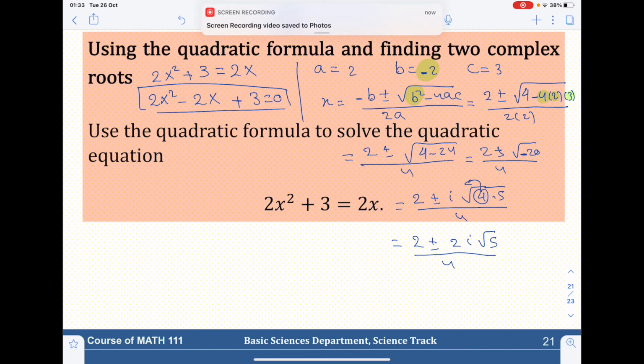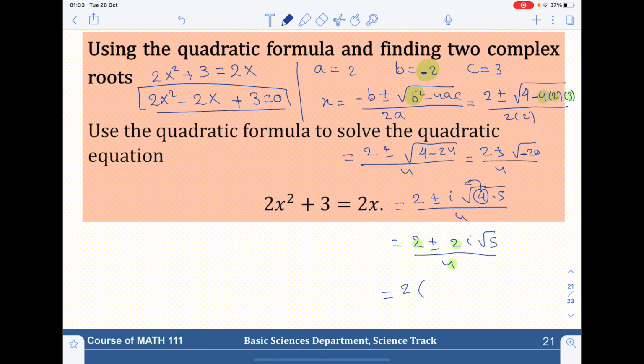Also, I can simplify this by taking 2 as a common factor and then dividing by this 4. So I would have 2 times 1 plus or minus i root 5 over 4. Then I can cancel, and I will be left with 2 in the denominator. So I'm going to have 1 plus or minus i root 5 over 2.